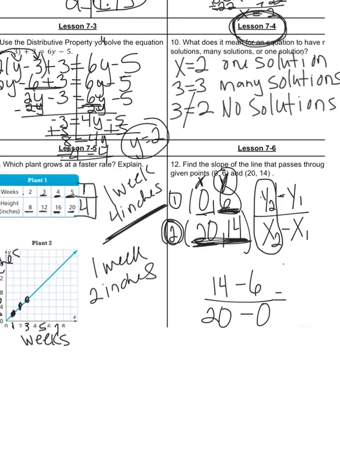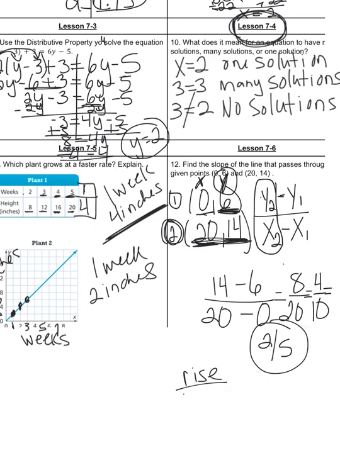Okay, 14 minus 6 is going to give you 8. 20 minus 0 is 20. If I simplify that, you could go down to 4/10, half and half, and simplify that again, and your slope is 2/5. So remember, rise over run would mean you go up 2 over 5.